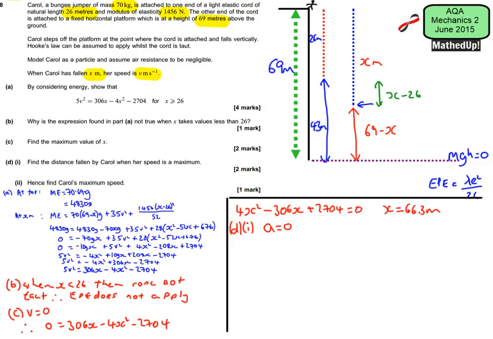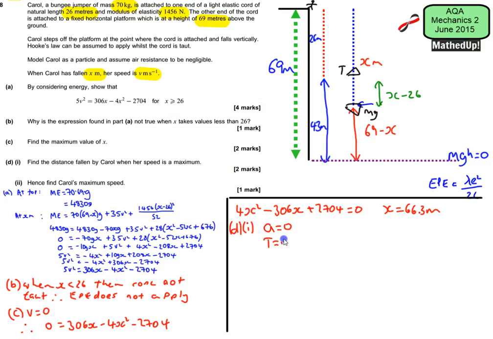So if I label on certain forces here, in this rope I'm going to have a tension going up, and then I'm going to have my weight coming down. When this is momentarily in equilibrium, when the acceleration is equal to 0, then T is going to be equal to mg.